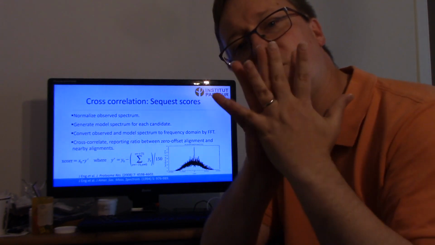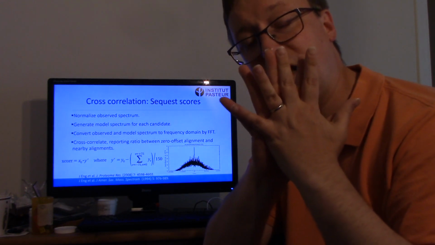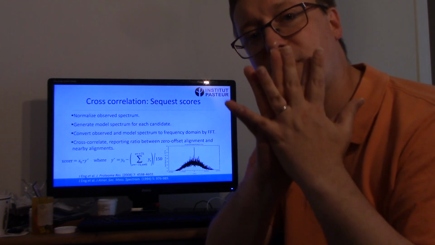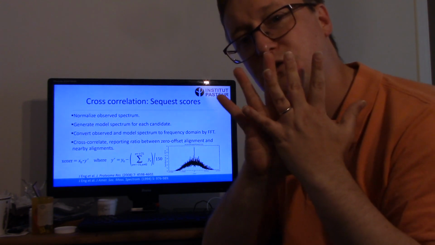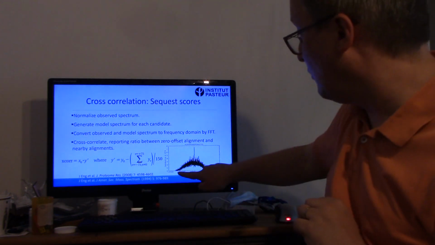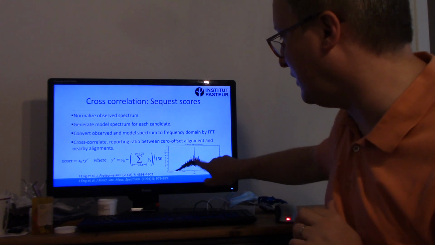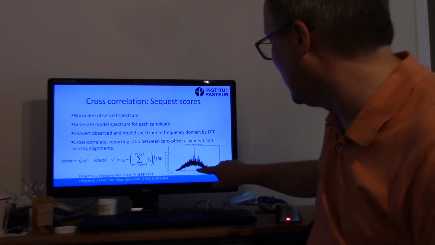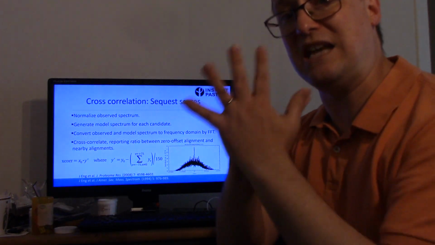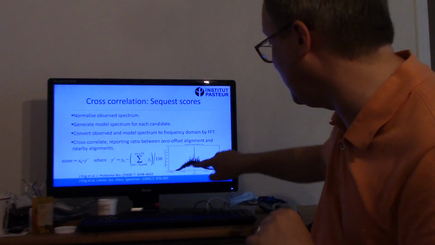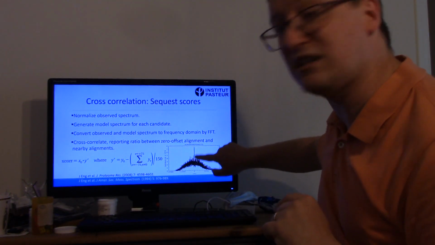So let's say we set our observed and predicted spectra out of phase with each other by 1 mass to charge, or 2 mass to charge, or 3 mass to charge. What you see in this spiky hairball that appeared back in the 1994 paper is that when you have a correct sequence being considered, at tau 0, at no offset between the two, you get this very high spike.